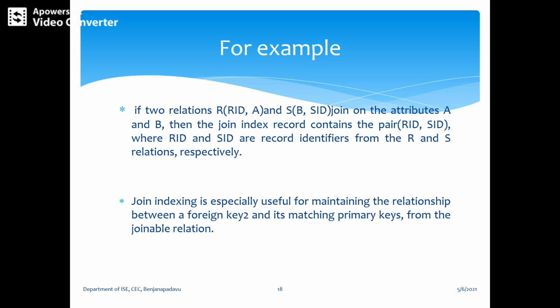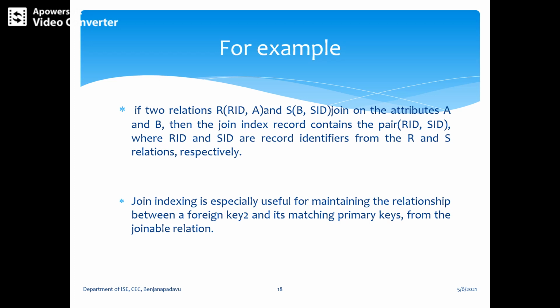then the join index record contains the pair (RID, SID), where RID and SID are record identifiers from the R and S relations respectively. Hence the join index records can identify joinable tuples without performing the costly join operations.